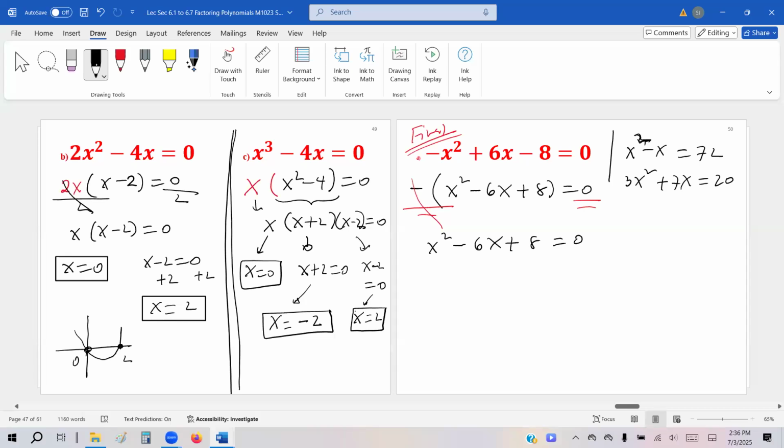What do you observe first? We have to solve here. You cannot factor out two x.